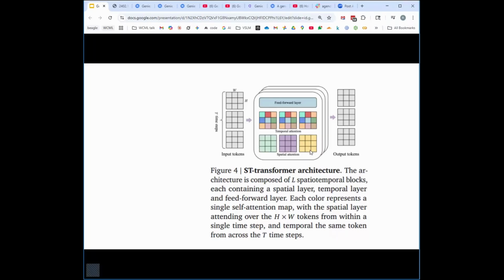Naively, you would just attend to every cell in every image in the stack, and let the attention figure it out. This is computationally much easier, and by layering them, you can get the right blend of attending to neighboring cells versus attending to earlier cells. Does that make sense?